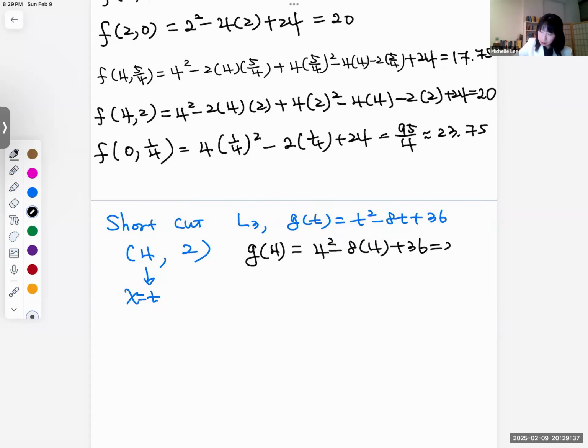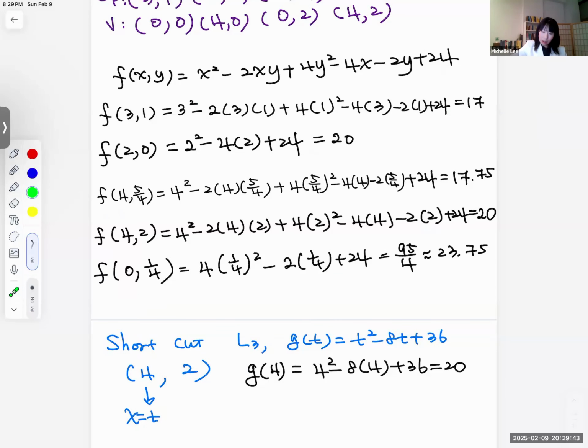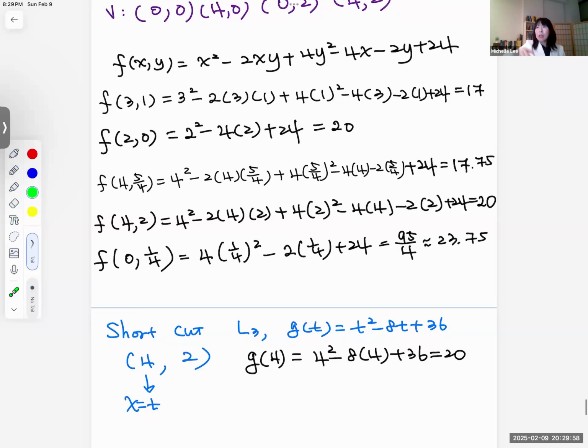Yes? Yeah, this is a shortcut. We did not have to do everything for the line, only the t function, so we can just substitute the t value. Make sense? Yeah.